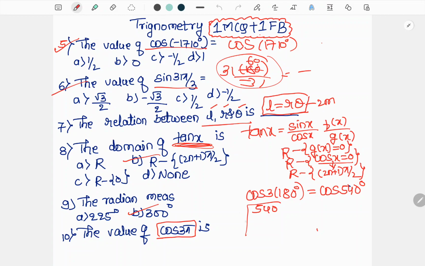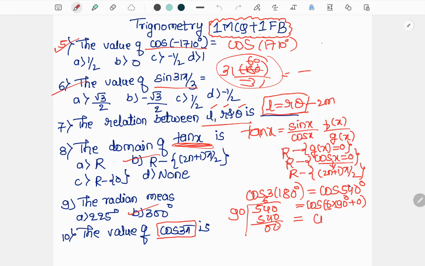So 540 we will divide by 90. 90 into 6, so the remainder is 0. So it is cos of 6 into 90 plus 0. Yes or no? Now cos of 6 into 90 plus remainder 0.